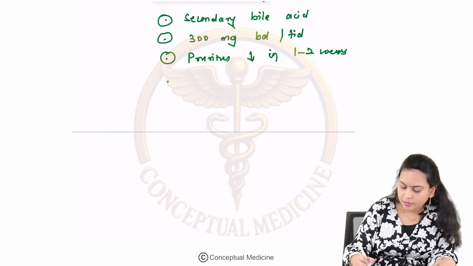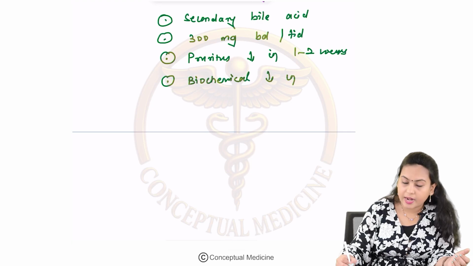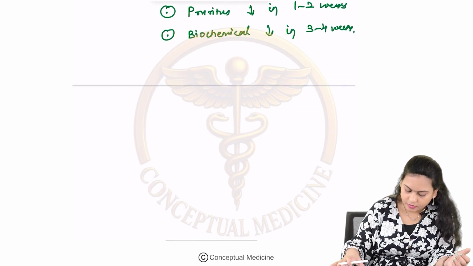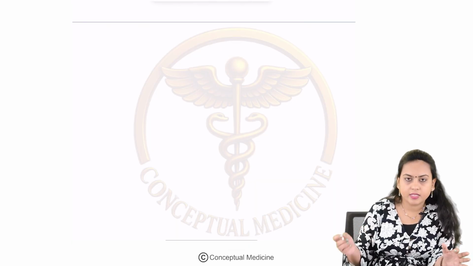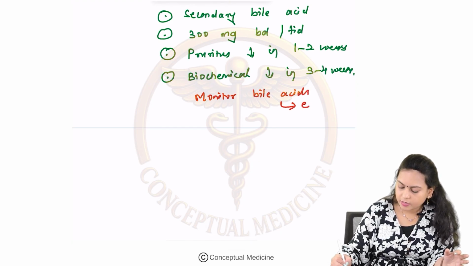And the biochemical changes, the liver parameters decrease in another 3 to 4 weeks. So while you are giving this drug, you have to monitor the bile acids every week, weekly once.